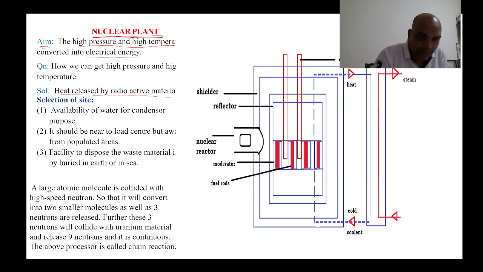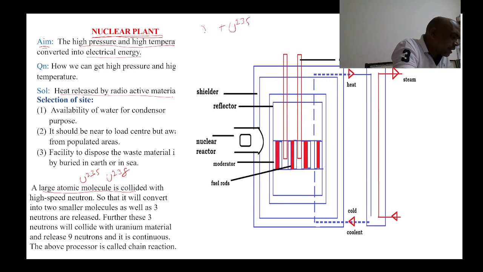Suppose you take a large atomic molecule. What is a large atomic molecule? It may be uranium 235 or uranium 238. Suppose you take uranium 235, and it is bombarded with a high velocity neutron.